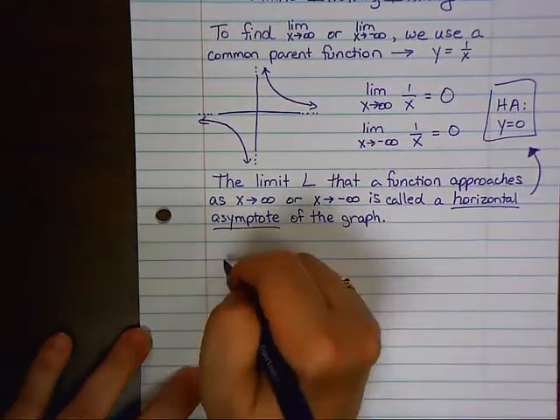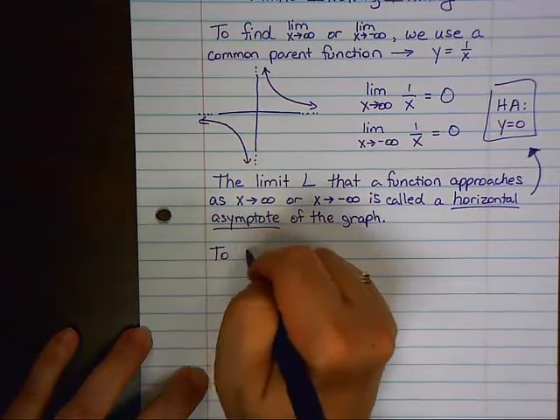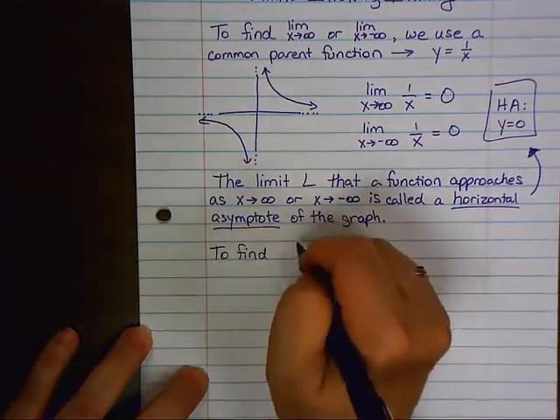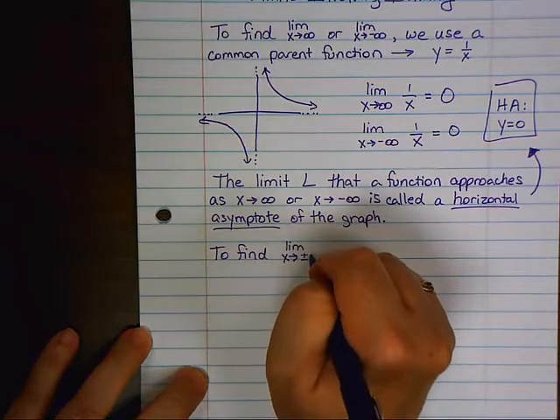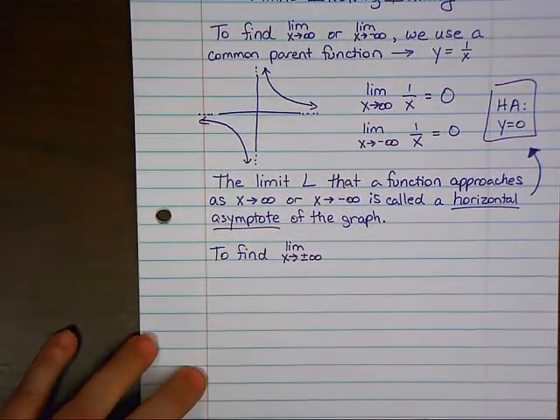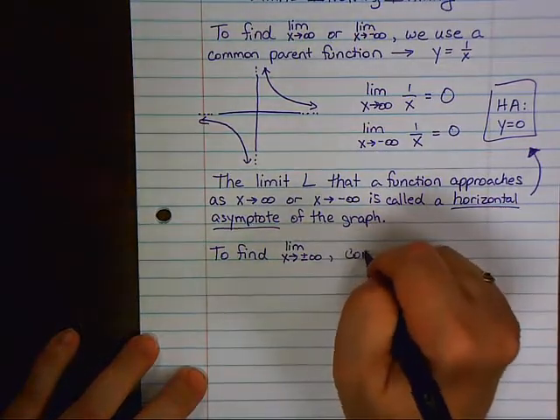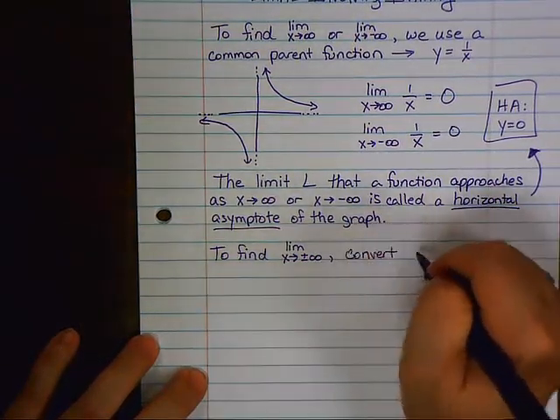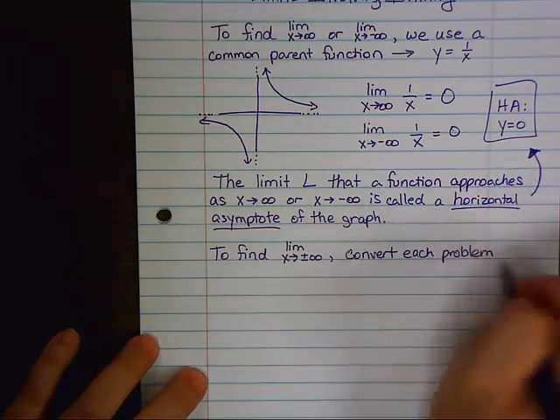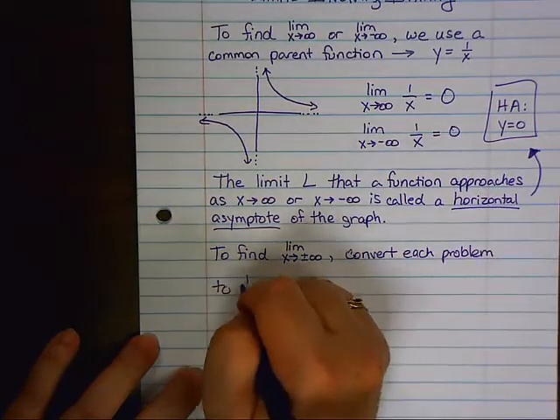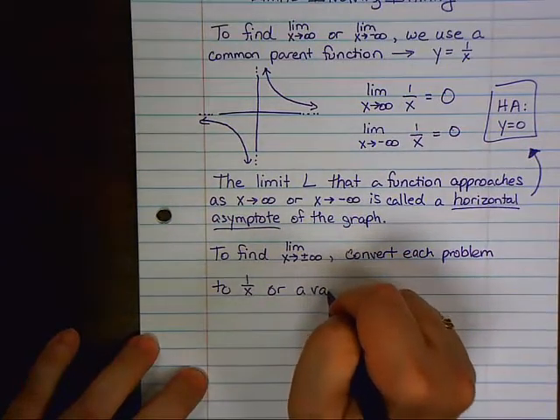All right. Now, how do we do this? How do we do the problem? That's what we're going to talk about now. To find the limit as x approaches either positive or negative infinity, so I'm going to abbreviate it and put a plus or minus on there, we are going to convert each problem to 1 over x or a variation of it.